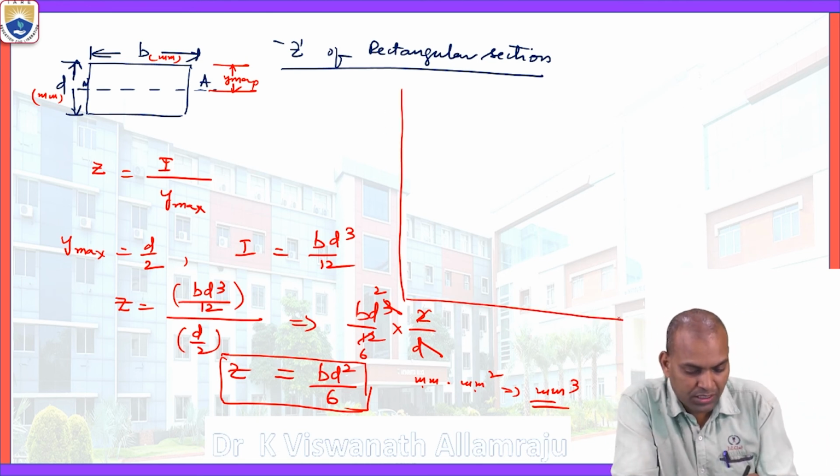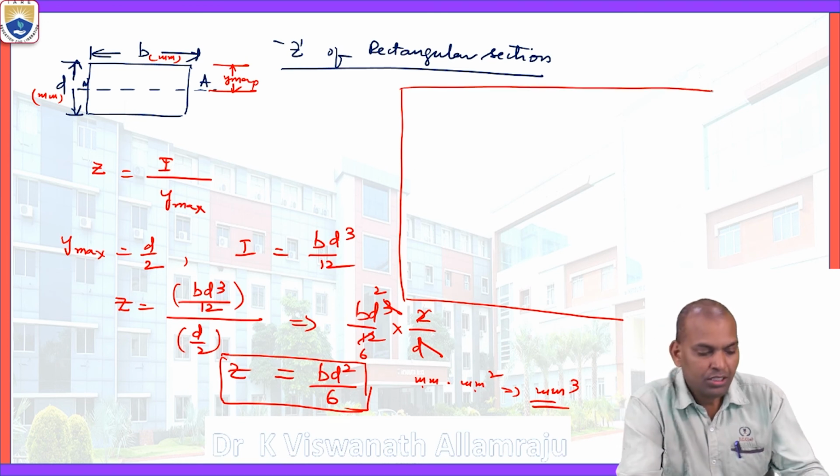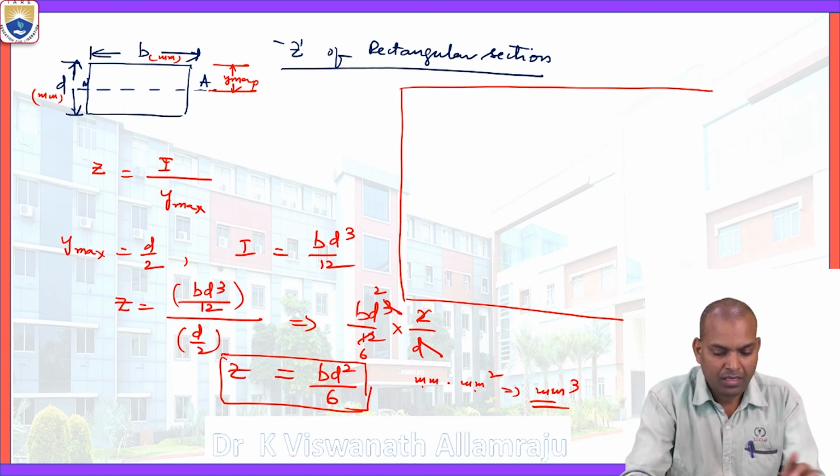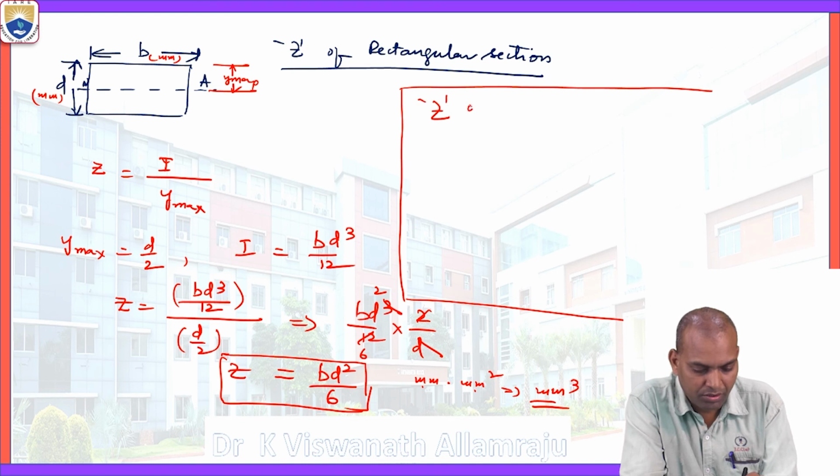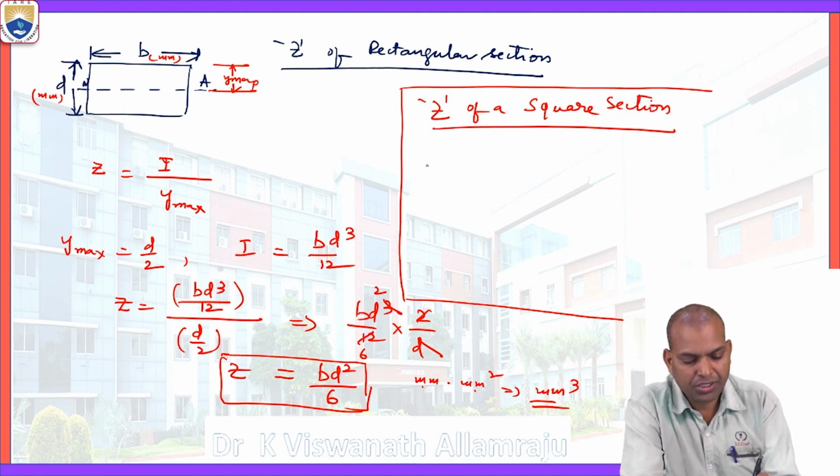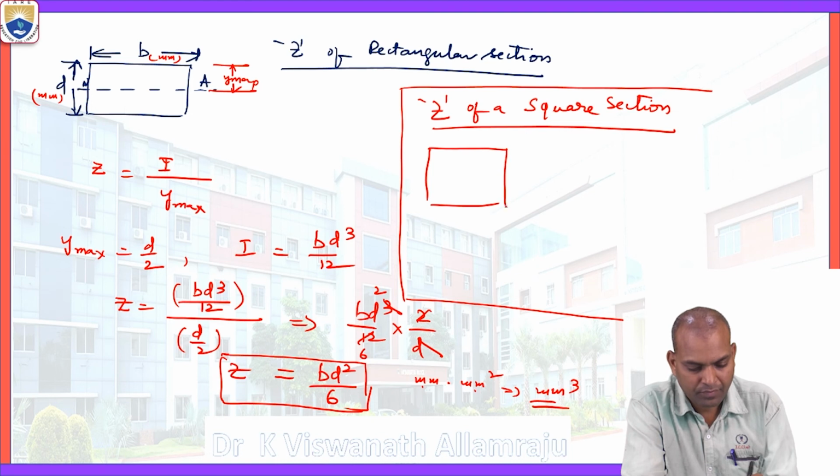Suppose we want the section modulus for a square section, Z of a square section. For a square section, all sides are the same.